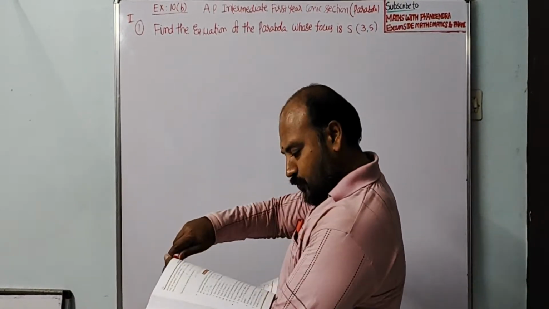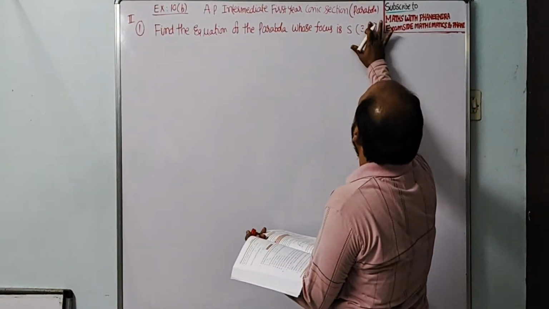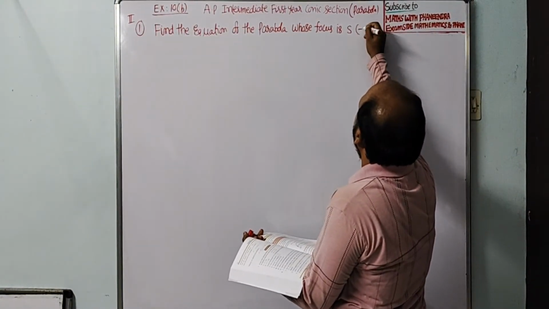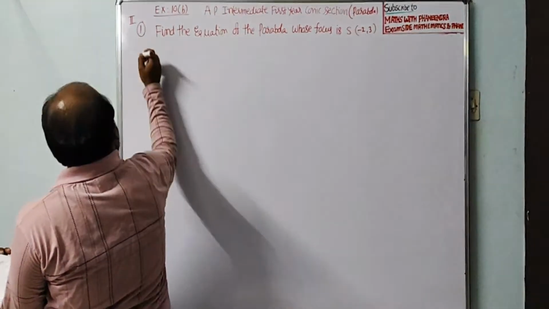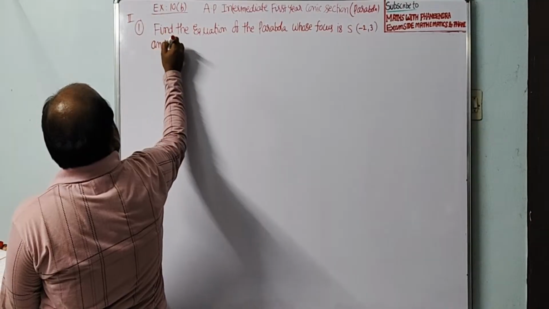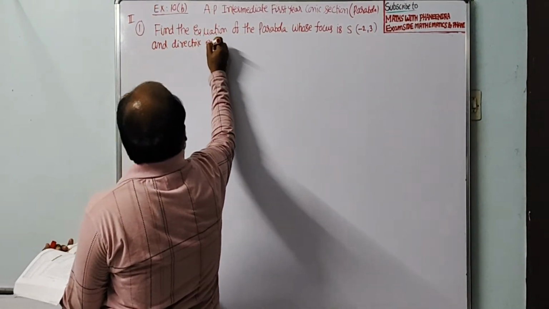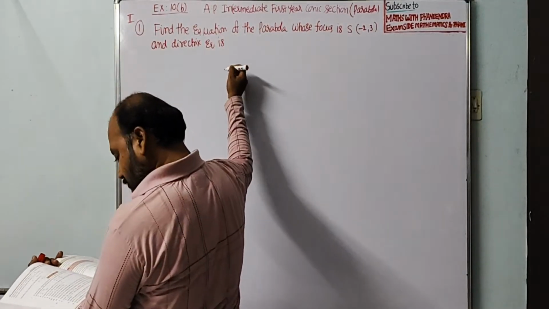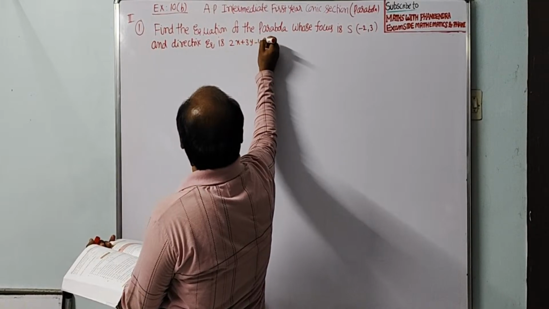Find the equation of the parabola whose focus is (-2, 3) and whose directrix equation is 2x + 3y - 4 = 0.